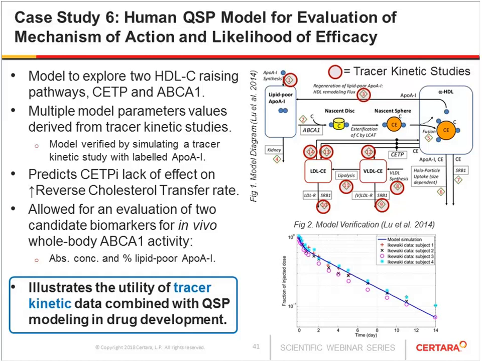And while it did predict that CETP inhibition could cause perturbations and transient increases in HDL concentrations, ultimately it did not exert an effect on this reverse cholesterol transfer rate, and that would explain why no effects were seen on cardiovascular outcomes. In addition to that, the model was used to evaluate some candidate biomarkers for ABCA1 activity, which was also useful to inform their next steps for drug development.